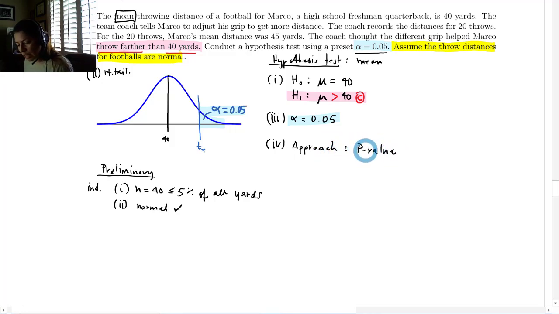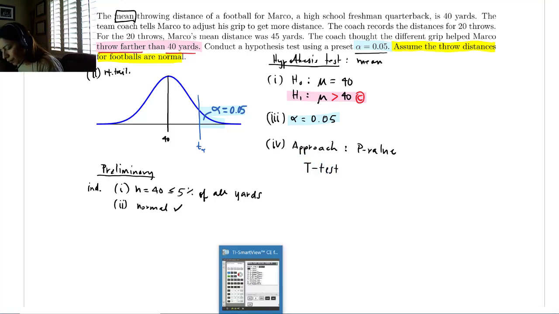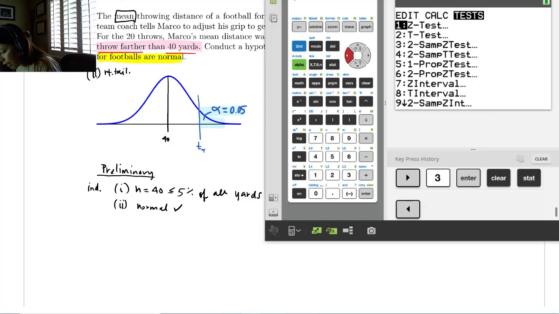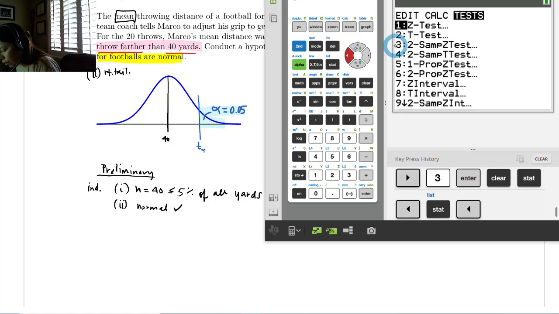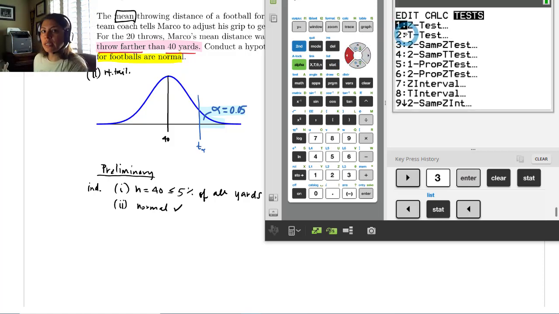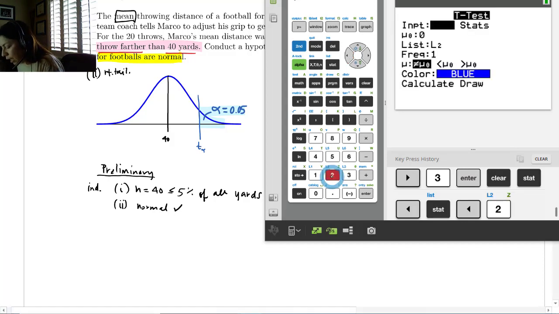To get the p-value, you go to the t-test in the calculator. So let's do that. You go to stat, then tests, then t-test, which is number 2. Again, we use the t-test because it's the t distribution. It gives us an option for data and stats.